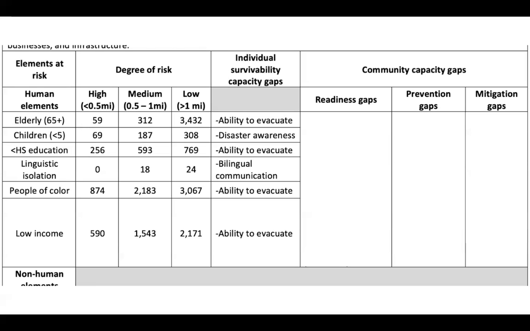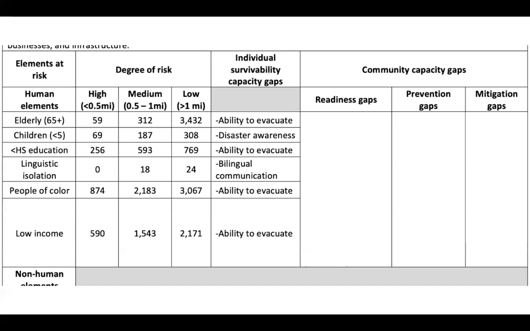For community capacity gaps, we have 3 categories for gaps related to readiness, prevention, and mitigation. Readiness, remember, is all of the things communities can do to prepare for a hazard before it occurs. Based on the capacity assessment we've already done and the individual survivability gaps we've already identified, we can list things here that communities need to prepare for hazards to protect these vulnerable populations well in advance of a hazard event.